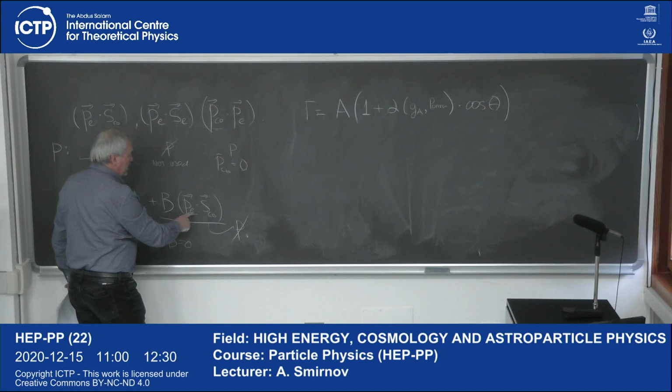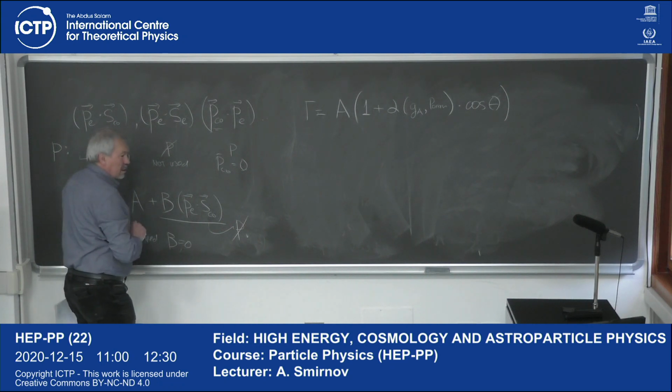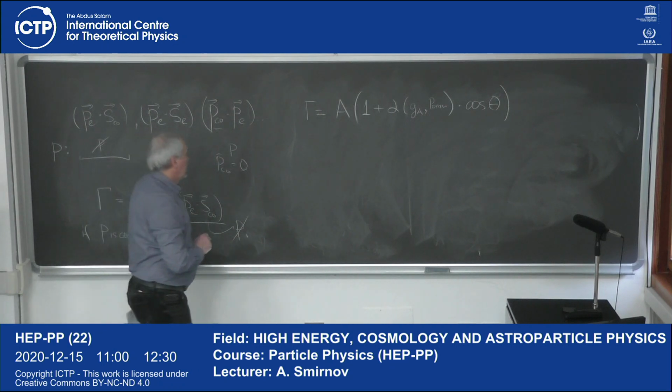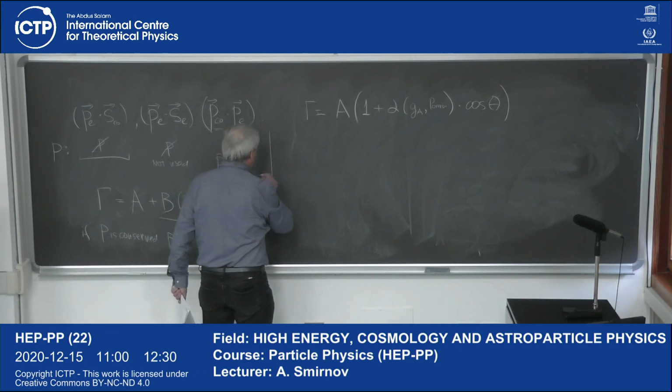So theta is the angle between polarization of cobalt and momentum of electron. So this is the angle which we have introduced already. So this is theta.